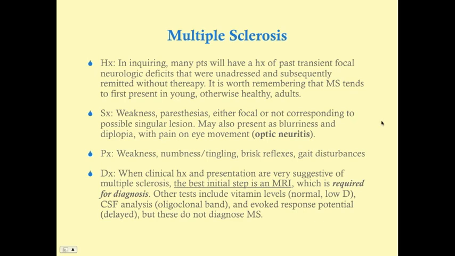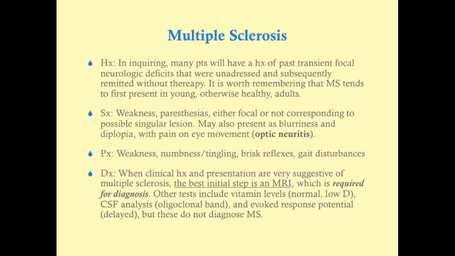And when you have a clinical history and presentation that suggests MS, the best initial step is an MRI. So MS is a disease of what? It is a disease of the upper motor neurons, and it is a disease of myelination. So what you've got is demyelination of the upper motor neuron.